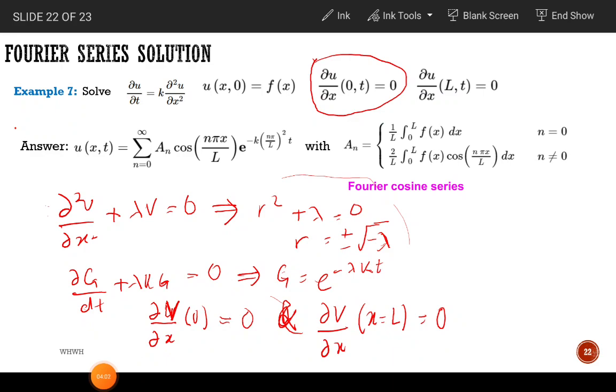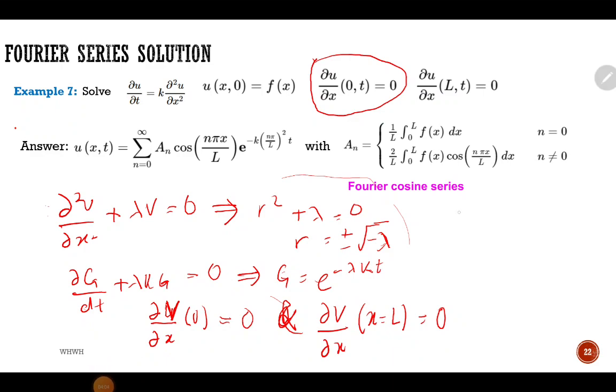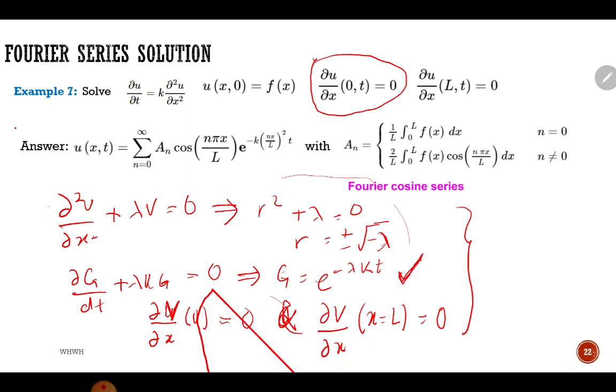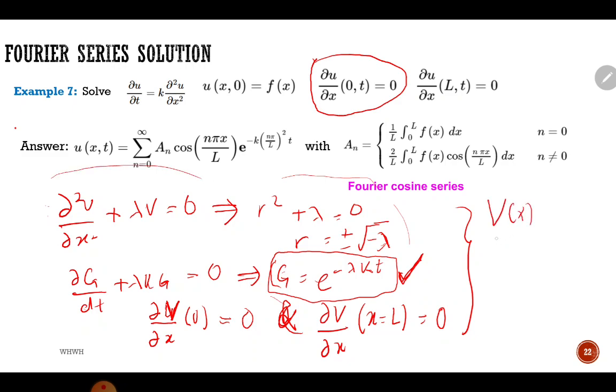Based on this, we are going to check the three cases. We already have the answer for G(t), the solution for the first order differential equation. This solution is still valid. Now we want to determine V(x), where V(x) depends on our lambda condition.